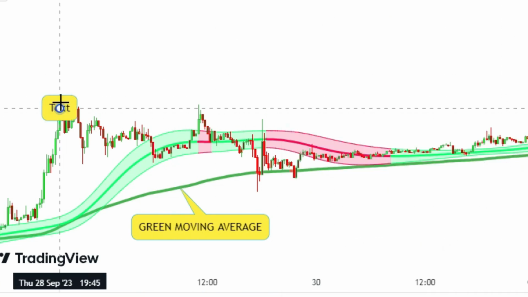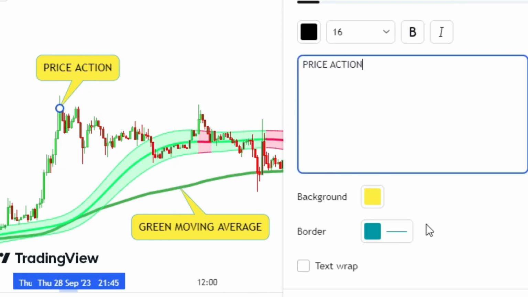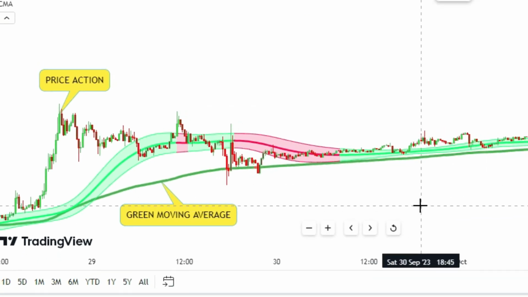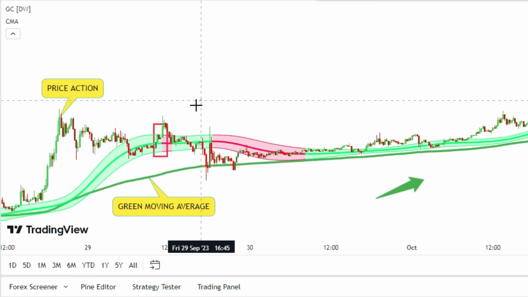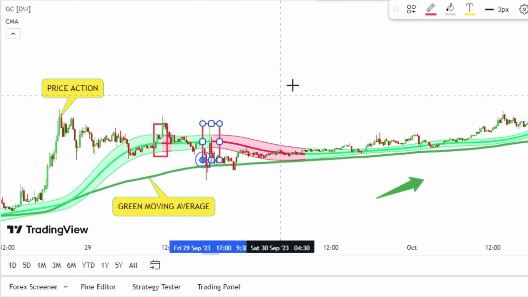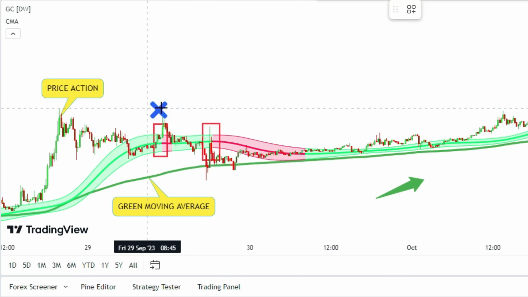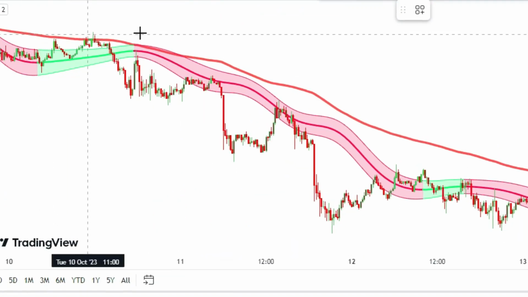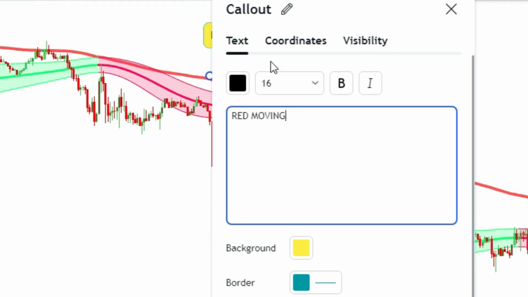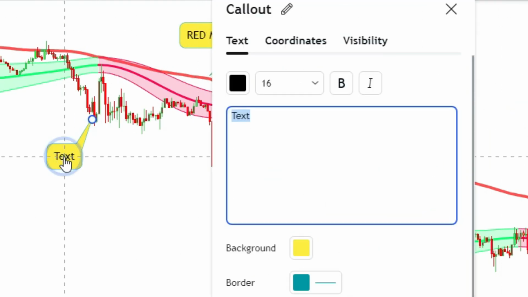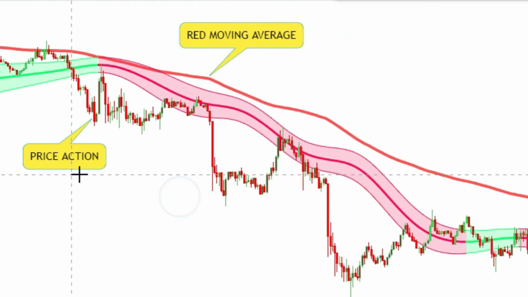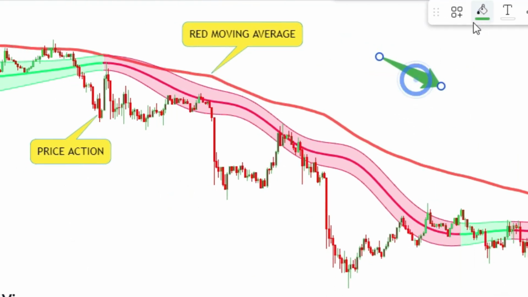So, in these situations, any sell signals should be ignored. Likewise, when the price is below the moving average and the moving average is red, it shows a strong downtrend, and all buy signals in these situations should be avoided.